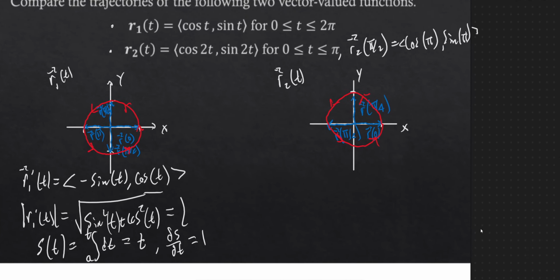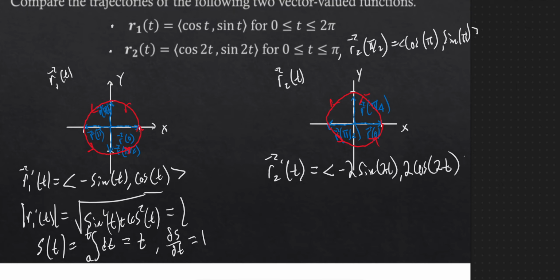If we compare it to this case where we did the same trajectory in half the time, let's work out everything here. R2 prime of t, what happens with the calculus? Here I'll take a derivative. That's going to be minus 2 sine of 2t, and then 2 cosine of 2t, right?